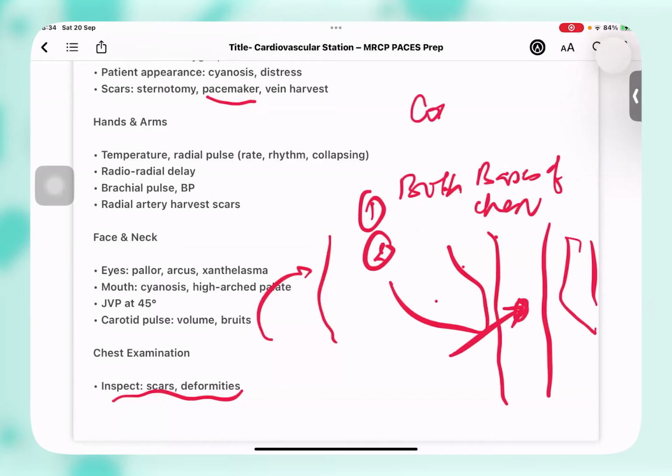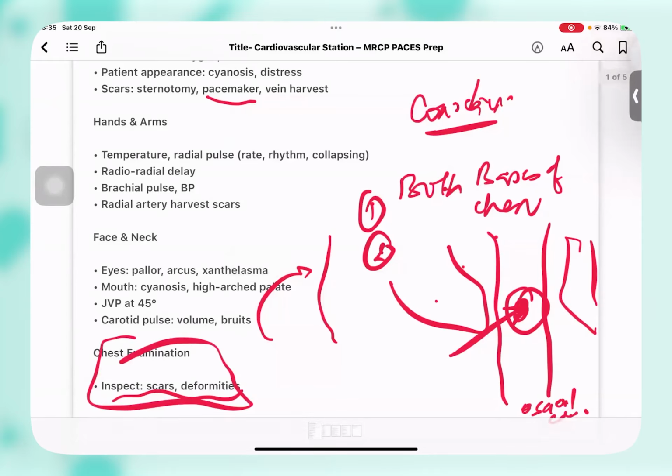So coarctation of aorta, you can best auscultate at the back of the patient between the shoulder blades. Is that clear? Yes, sir. And at the same time, when you are doing that, press on the sacrum to look for any sacral edema. So that happens in the chest examination only.